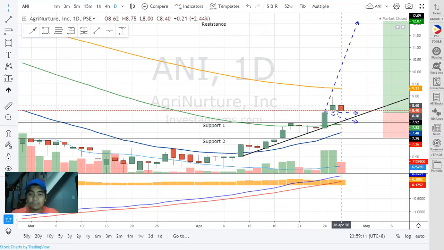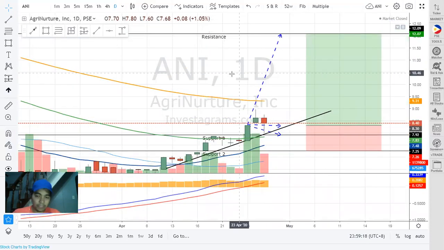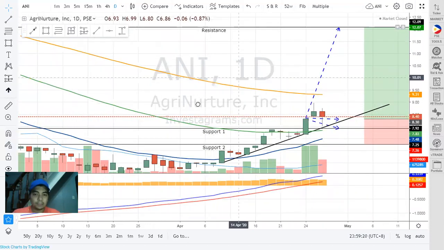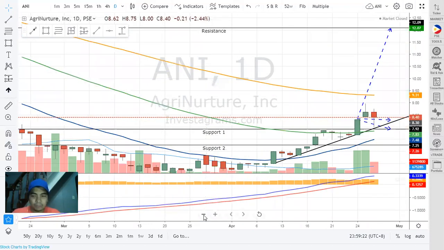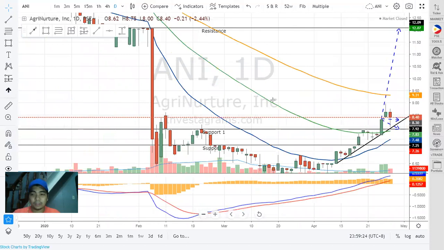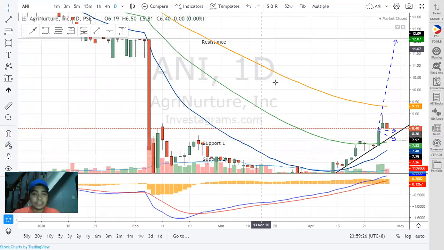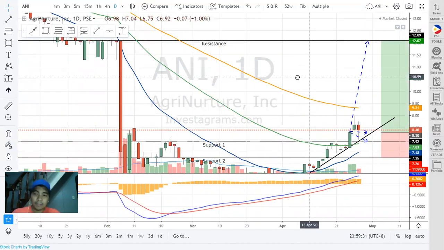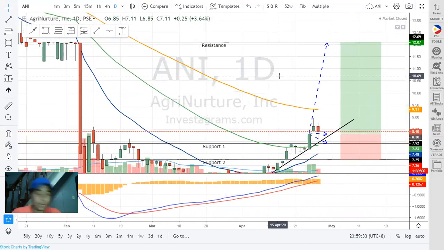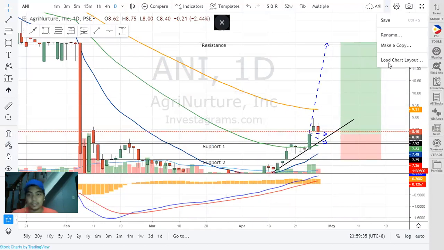But for this one, we're only seeing a sideways movement, so let's see what will happen in the next few days. This stock has large potential. There's no resistance line at this point because of this gap, so maybe it can go up higher.